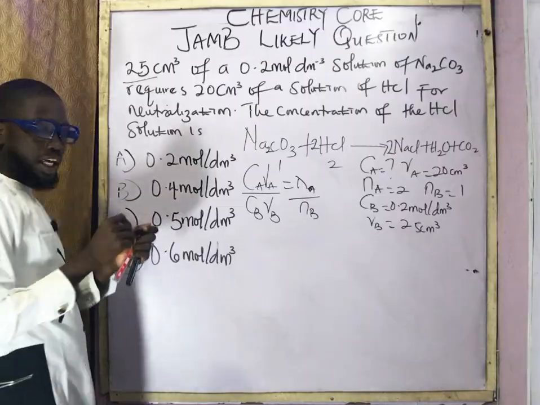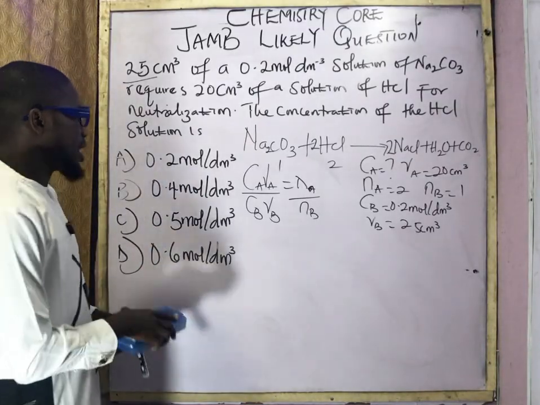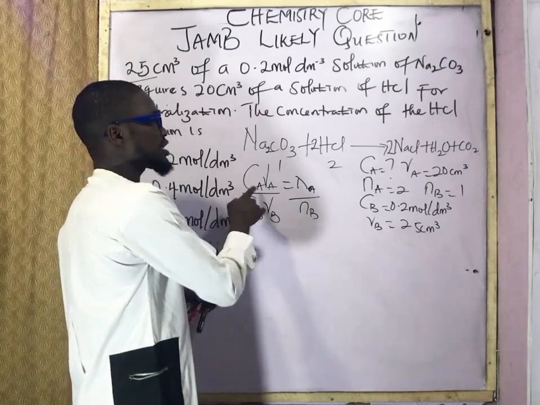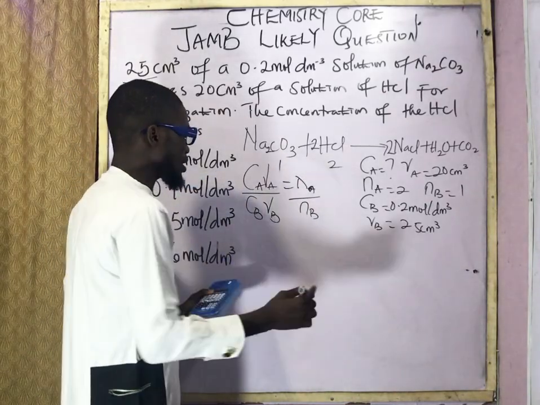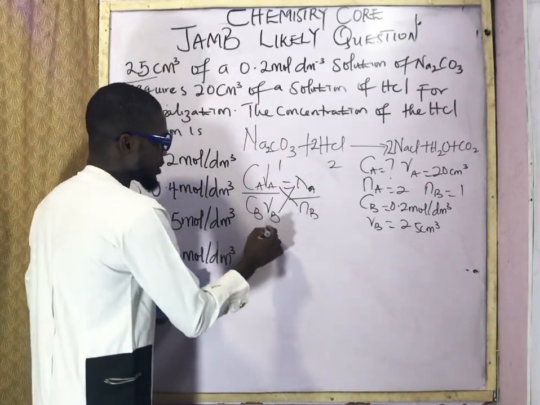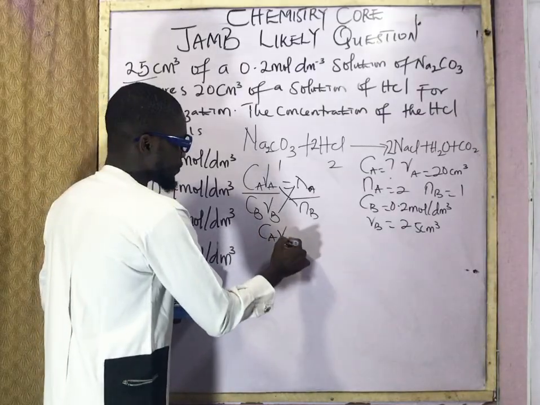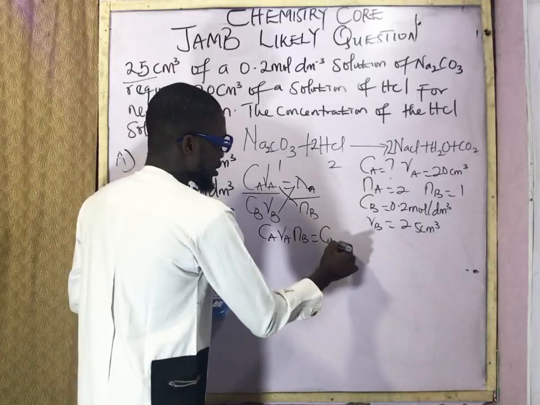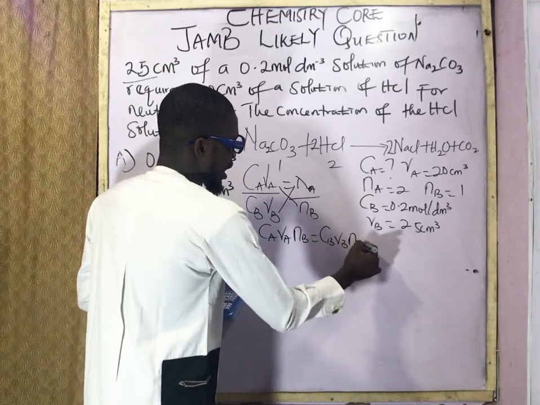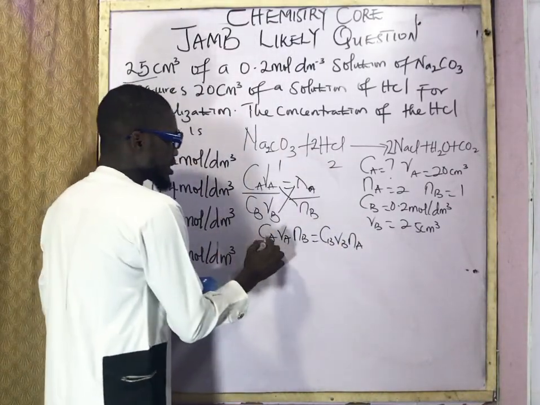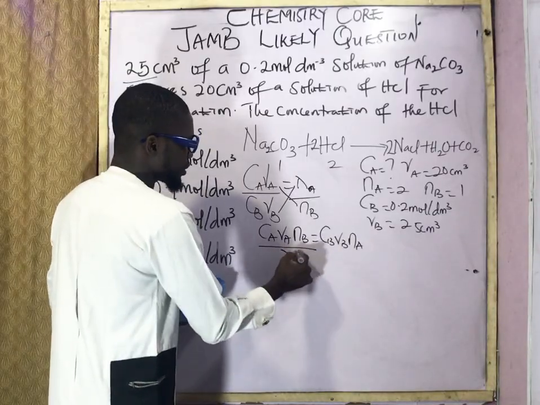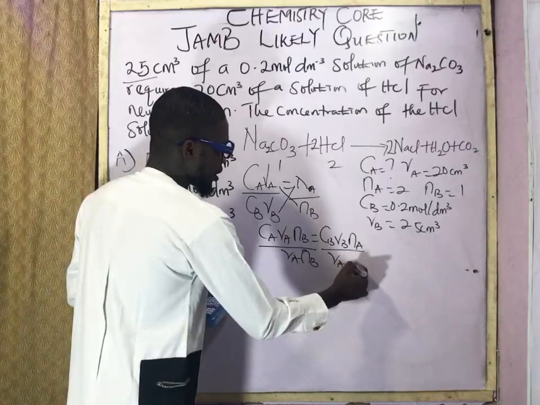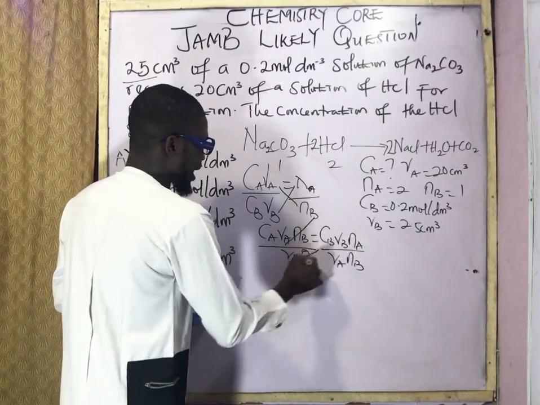Now, before you input your parameters, I will advise you to make the concentration of the acid the subject of the formula. When we cross multiply, we have CaVaNb equals CbVbNa. To make Ca the subject of the formula, we divide by the coefficient of Ca, which is VaNb. This will cancel this.